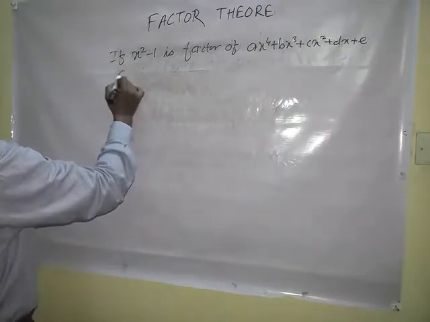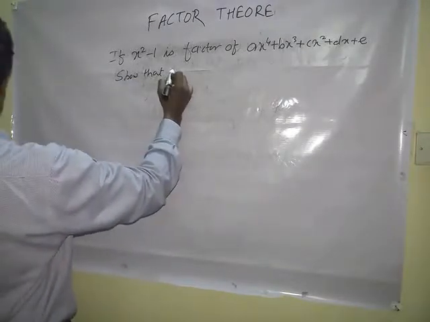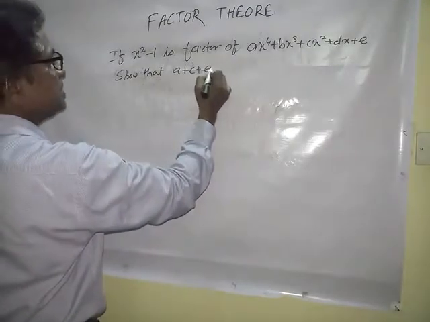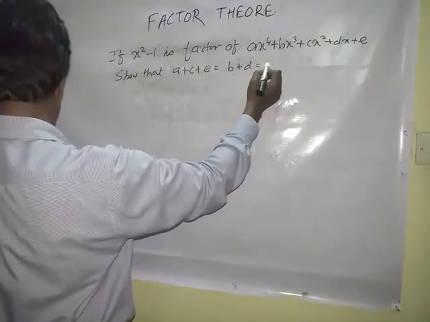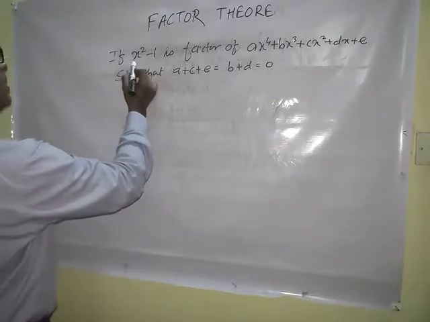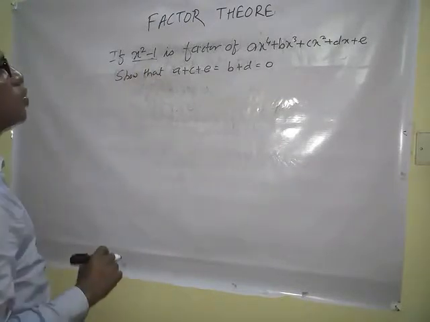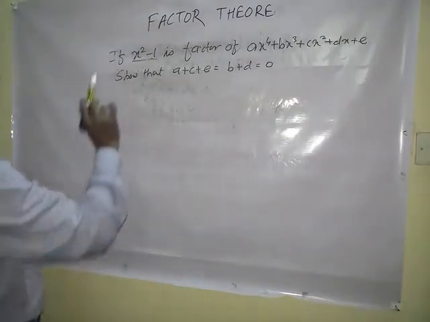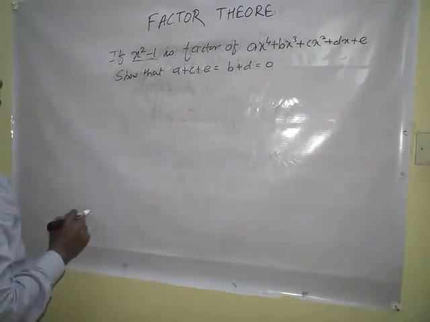Show that a plus c plus e is equal to b plus d equal to 0. Now here the divisor is having degree 2. You can apply the factor theorem or remainder theorem only when the divisor is linear or having degree 1.